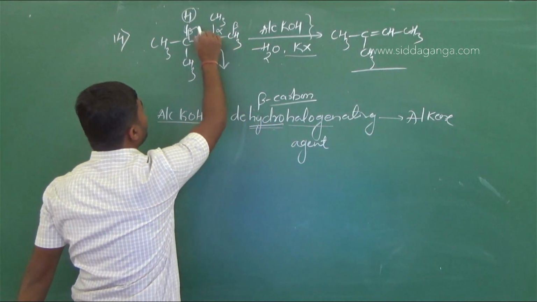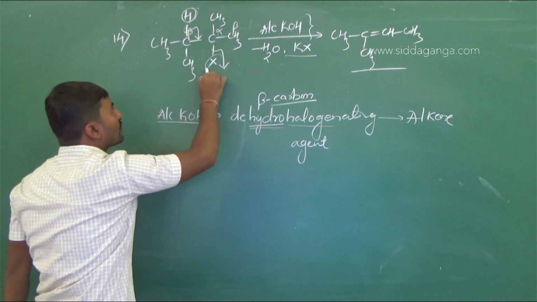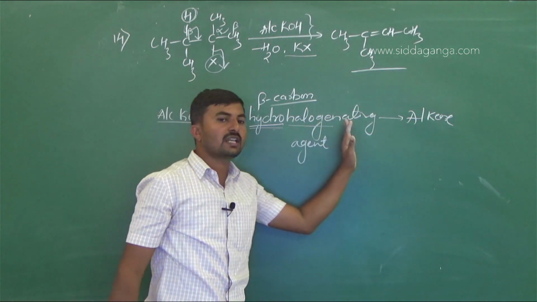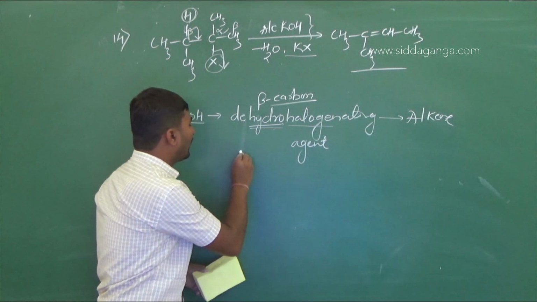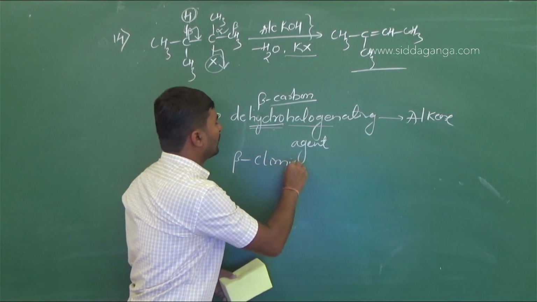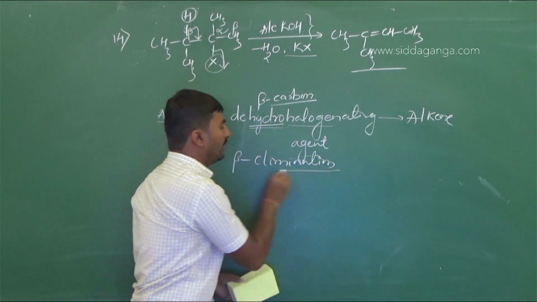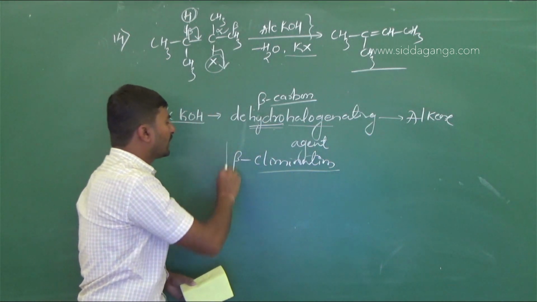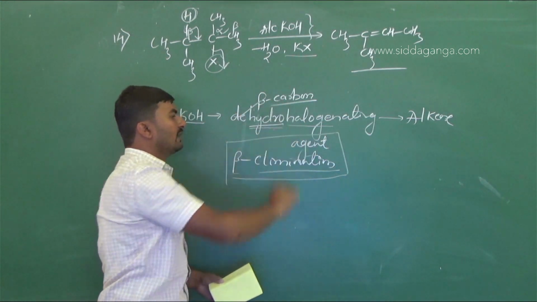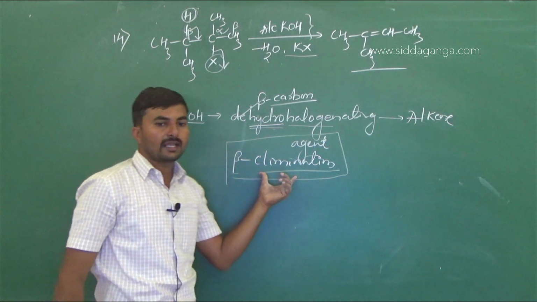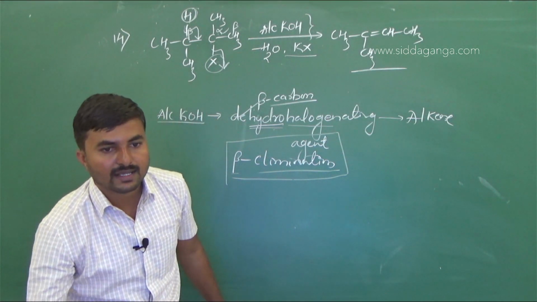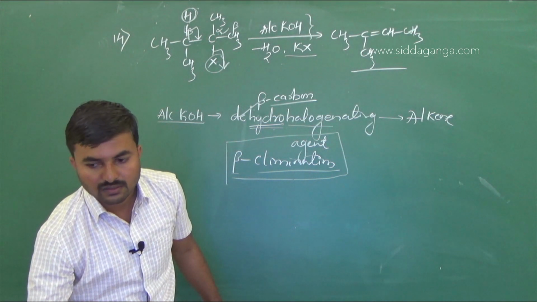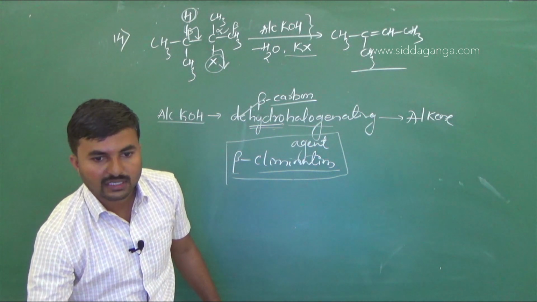With the removal of hydrogen from the beta carbon and halogen from the alpha carbon, this reaction is named dehydrohalogenation reaction, and also beta elimination reaction. When there is use of alcoholic KOH, the name of that reaction is either dehydrohalogenation or beta elimination. So this example is a beta elimination reaction. So option 1 is correct, that is beta elimination.